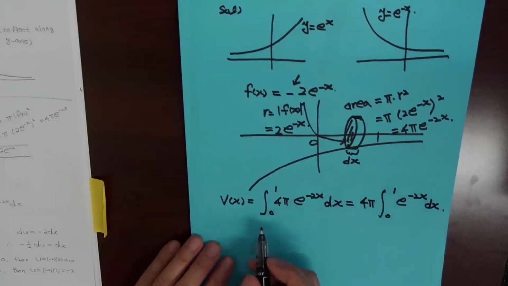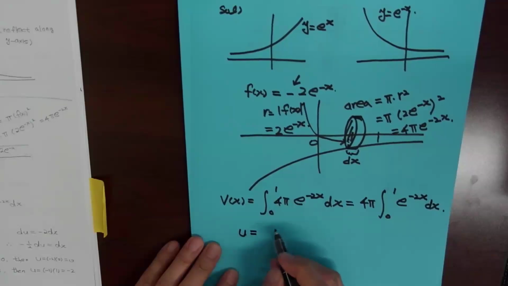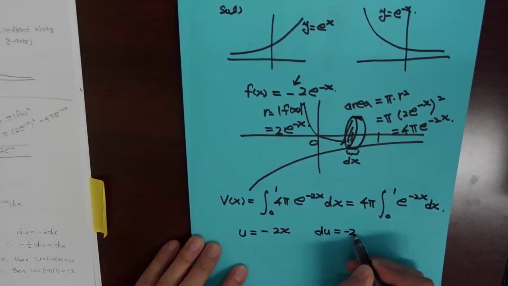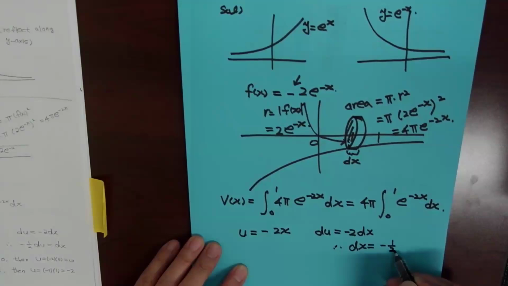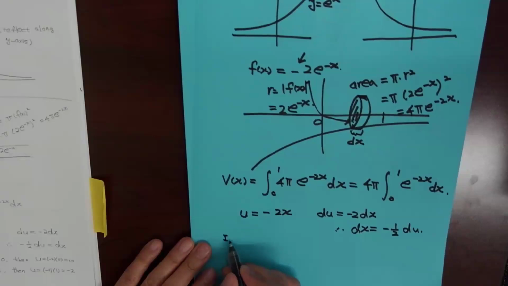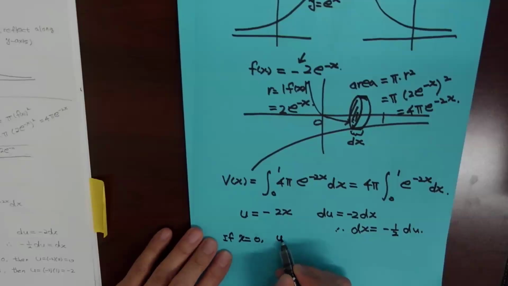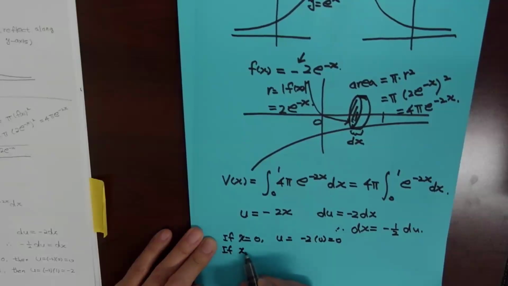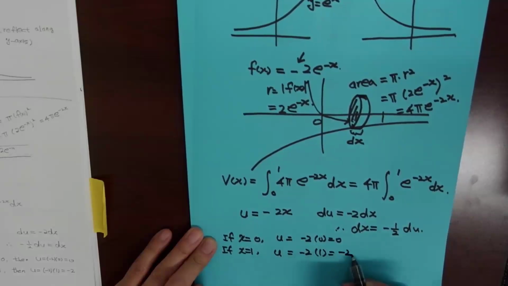So what should I do? You have to use the substitution you learned. And that's in the quiz range. So u is negative 2x, and then du equals negative 2 dx. Therefore, dx equals negative 1 over 2 du. So when x equals 0, u equals negative 2 times 0, which is 0. If x equals 1, then u equals negative 2 times 1, which is negative 2.